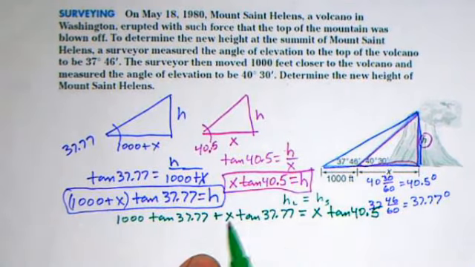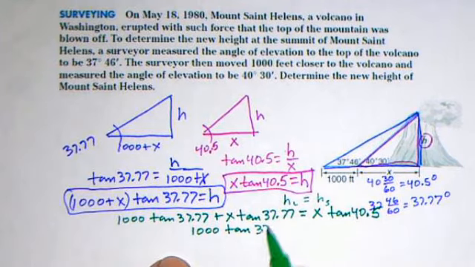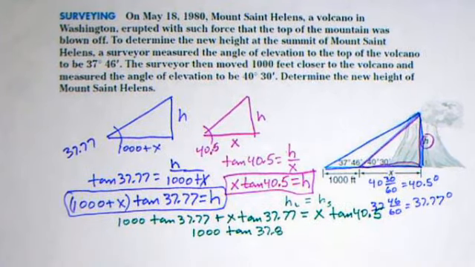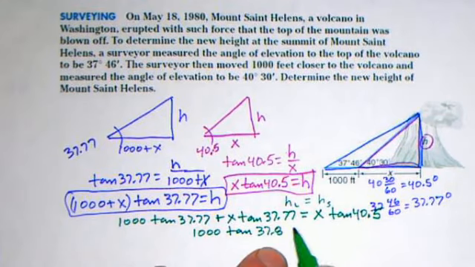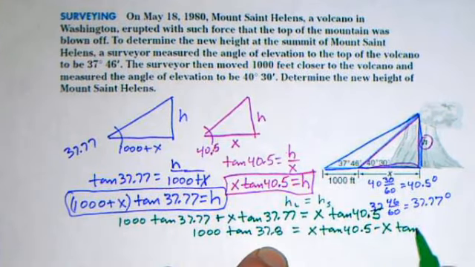I can get all the x's on this side by subtracting x tan 37.77 from both sides, and we get 1,000 tan. I'm going to round this off to like 37.8. So 1,000 tan 37.8 is equal to x tan 40.5 minus x tan 37.8.